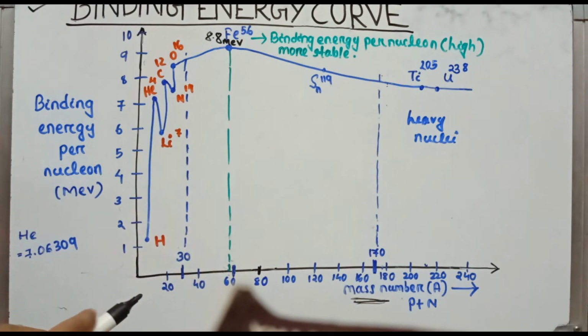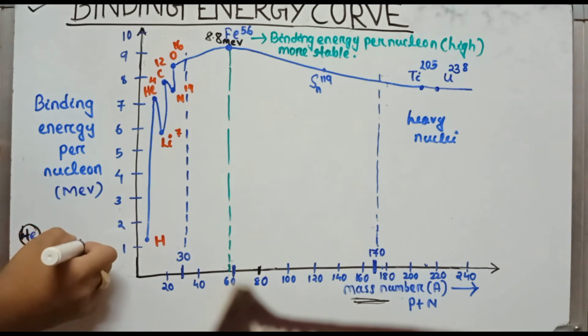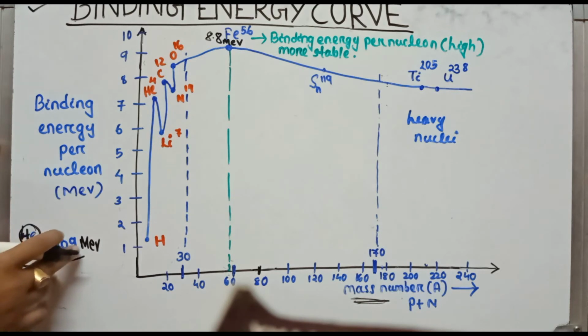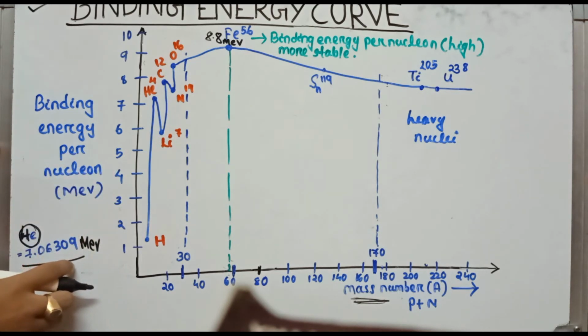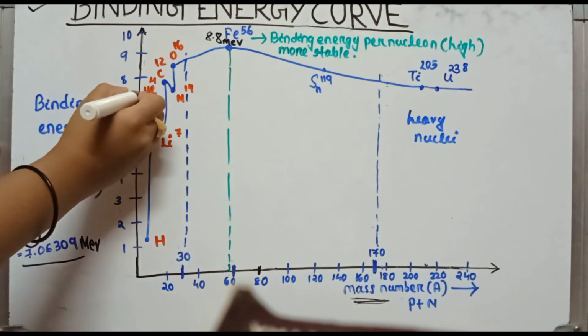Here, just previously we discussed that for the helium nucleus, the binding energy per nucleon equals 7.06309 megaelectron volt. That means it is nearly 7 point some value.